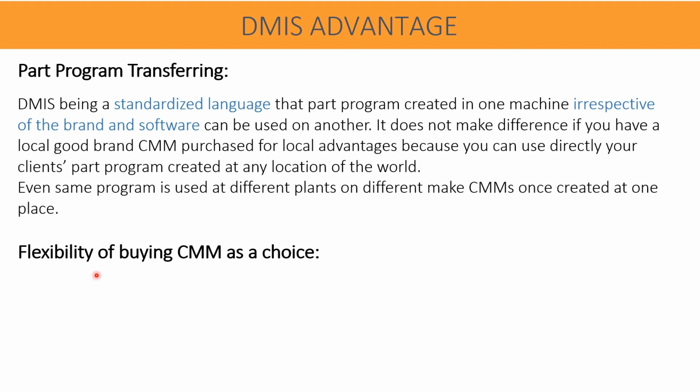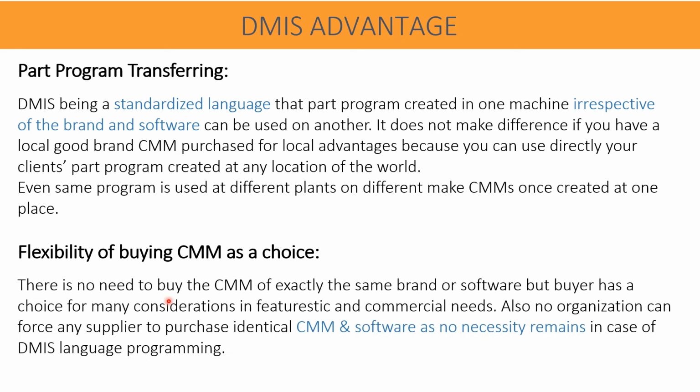Flexibility of buying CMMs as a choice. There is no need to buy a CMM of exactly the same brand or software, and the buyer has a choice for many considerations in futuristic and commercial needs. Also, no organization can force any supplier to purchase an identical CMM and software, as no necessity remains in the case of DMIS language programming.